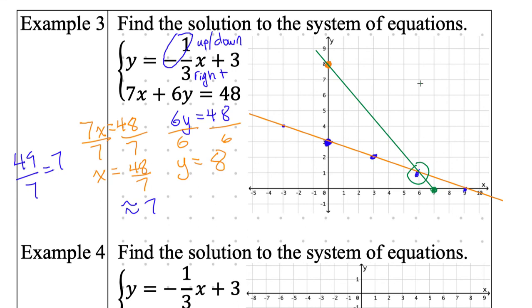I've kind of stumbled upon the problem with graphing: sometimes you get bad numbers. We have to come up with a different way of answering these that makes it exact. What if this point was actually not 6, 1, but 5.91, 1?